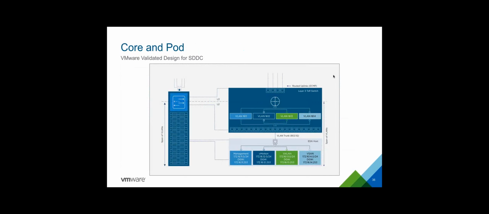I'll show you a representation in a moment, but that basically says I'm going to route out from my TOR to my spine, but in that TOR, I'm going to present the L2 networks that I need for things like management, vMotion, vSAN, and replication, so use it for vSphere replication.